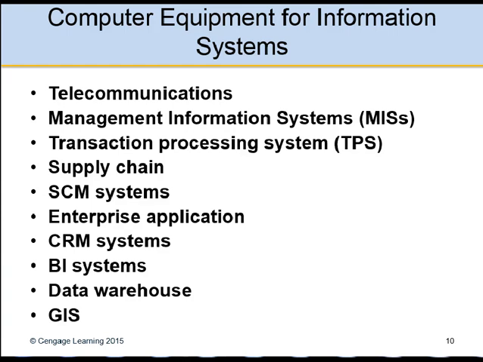A transaction processing system is the most widely used information system, and it records data collected at a point where the organization transacts business with other parties. Point-of-sale machines record sales, and they include cash registers, ATMs, and purchase order systems.